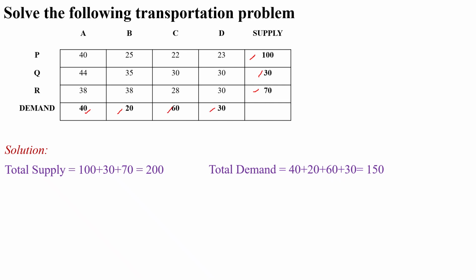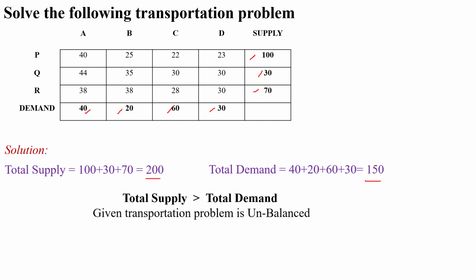So total supply is 200, total demand is 150. So total supply is not equal to the total demand. So the given transportation problem is an unbalanced transportation problem. Moreover, in this problem, total supply is greater than the total demand.